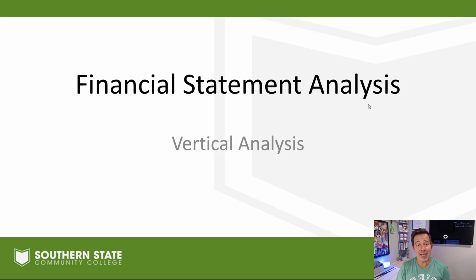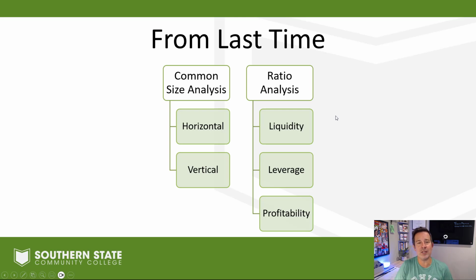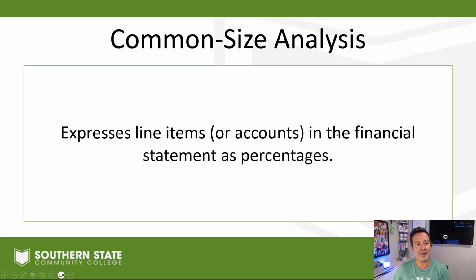In our video today, we're going to be focusing on vertical analysis, which is a part of financial statement analysis. Now, you hopefully tuned into the other video that we've had on the topic so far, where we talked about horizontal analysis. Both horizontal and vertical analysis are types of what we refer to as common-sized analysis.